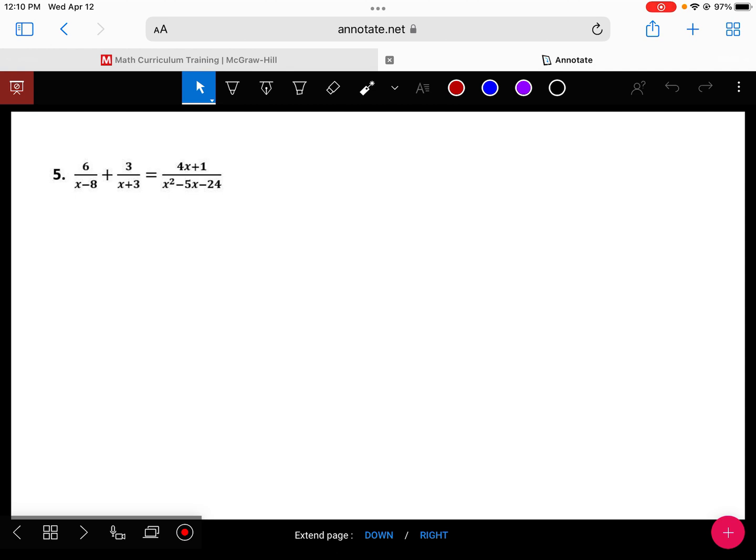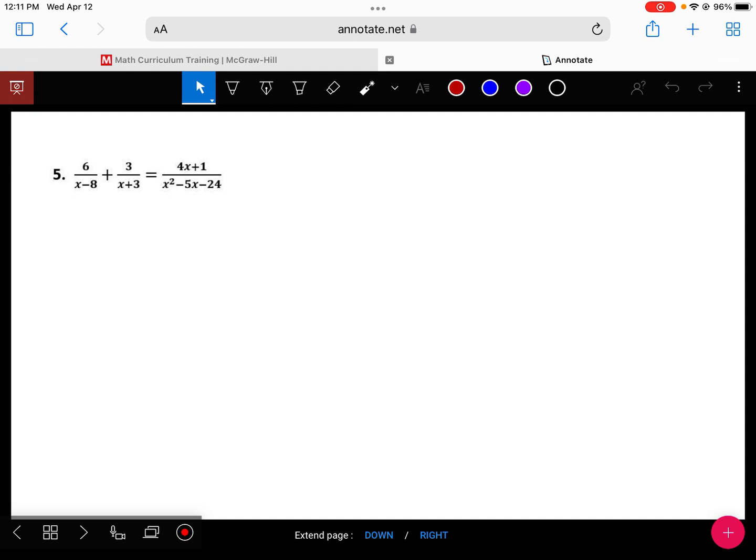We're going to multiply each of these fractions by x minus 8 and x plus 3. Because I don't have a lot of space and my whiteboard is not working properly, I'm not going to recopy that. In the first fraction, what's going to cancel?